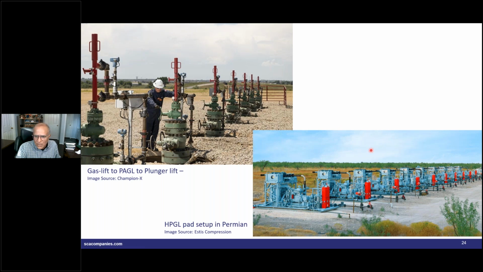On the right side, you're seeing a picture courtesy of another service provider on how operators are using high pressure gas lift. So these are very, very high injection pressure, discharge pressure, compression setups. We are looking at close to 3000 psi discharge pressure, and in some cases even higher than that.